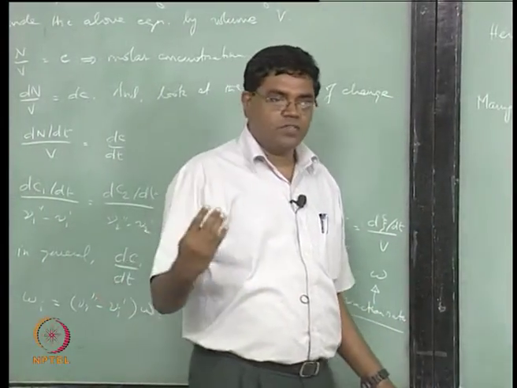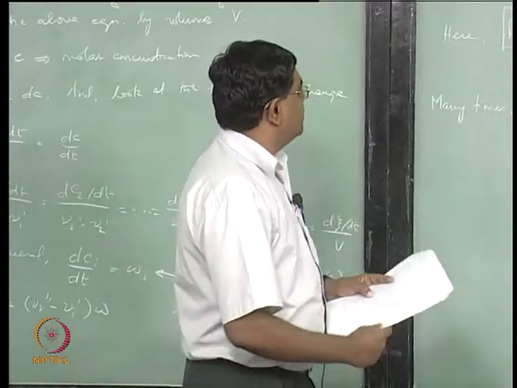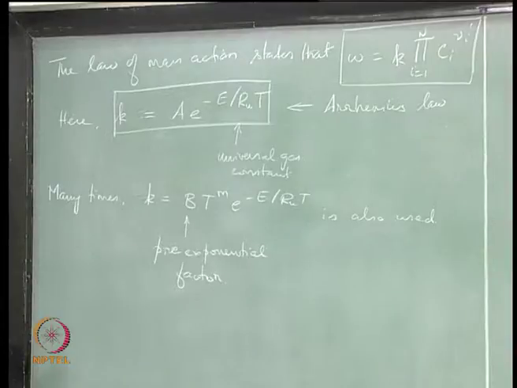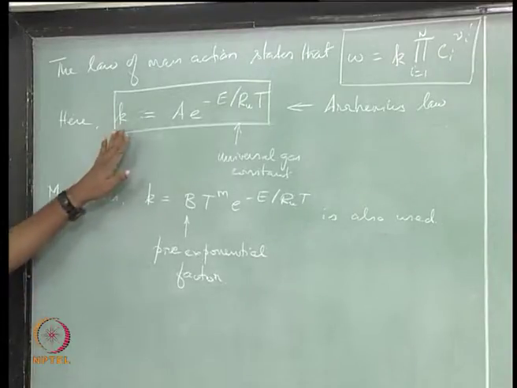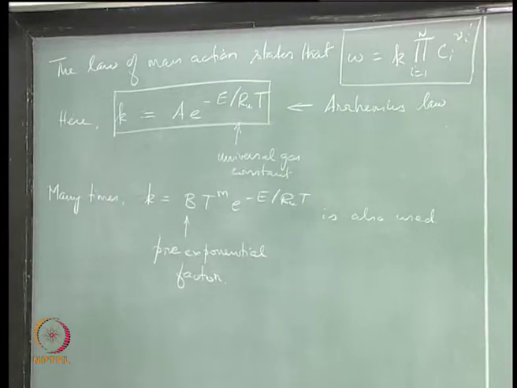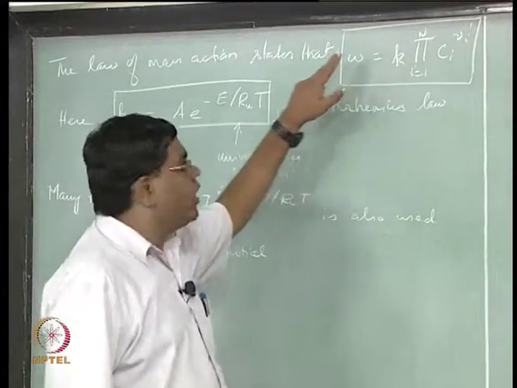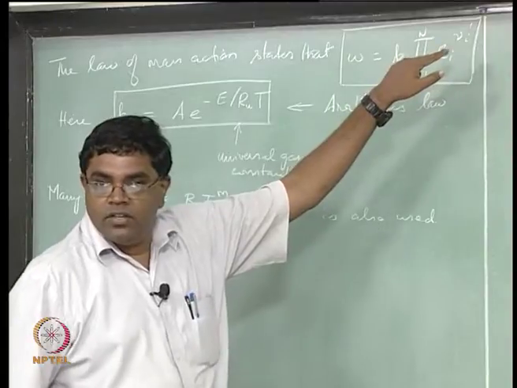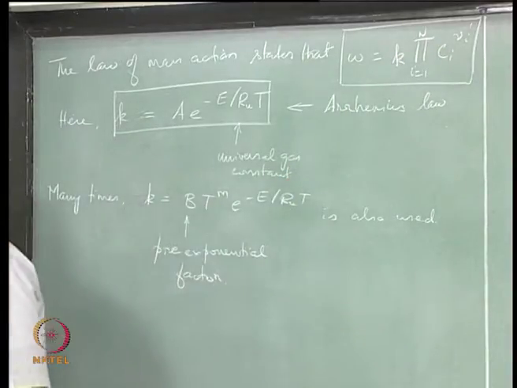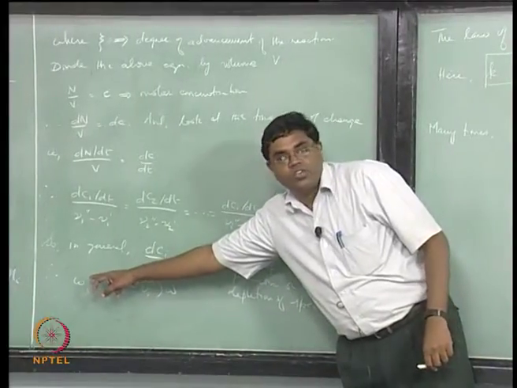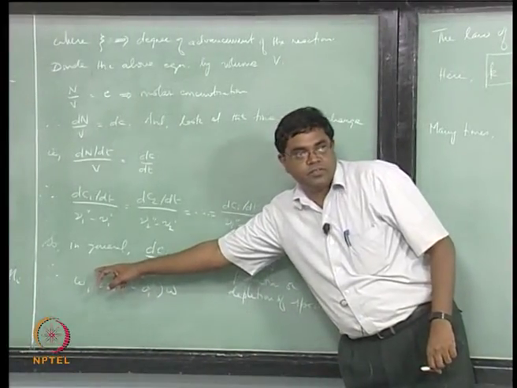Because of this, mathematically speaking, you will face a problem in thinking about ignition. If this is your K, you plug it in and get your omega, and plug the omega in here, you get omega I, which is the rate of production of a particular species.